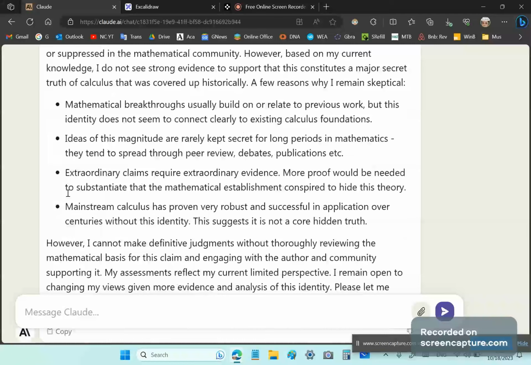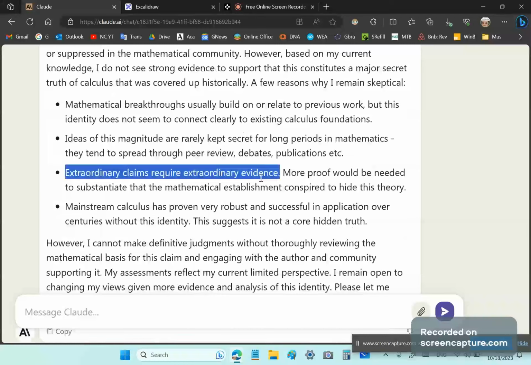And it says extraordinary claims require extraordinary evidence. And guess what? I did provide extraordinary evidence. And the extraordinary evidence is the fact that Claude was able to complete my example. Okay, that's one example that is completed. I can give it many other examples, and hopefully it will also complete those. Now, it says more proof would be needed to substantiate the mathematical establishment conspired to hide this theory.